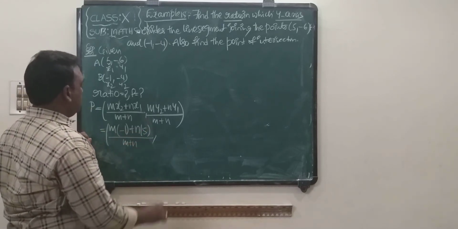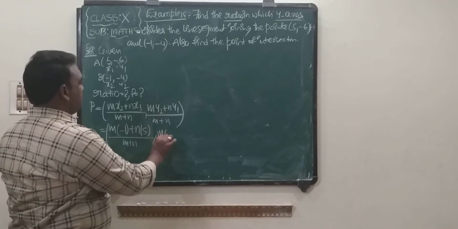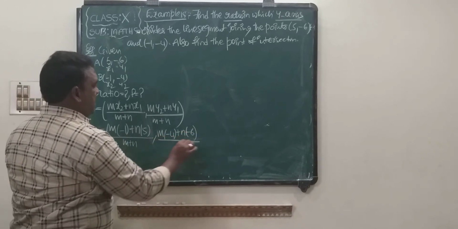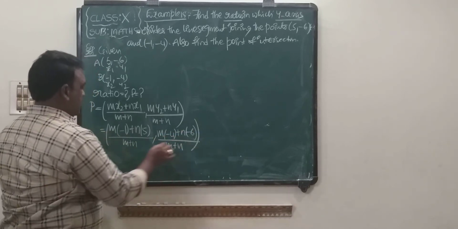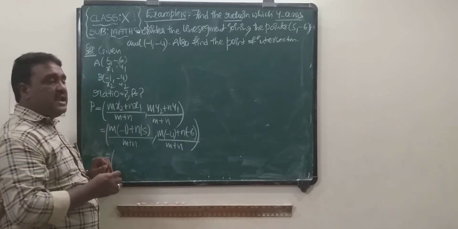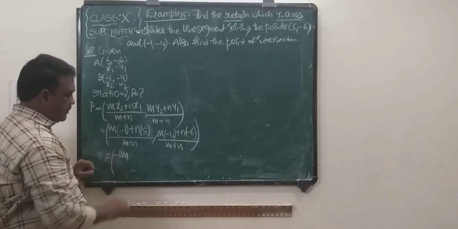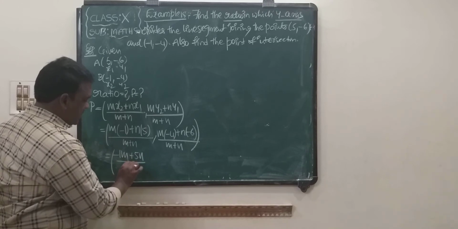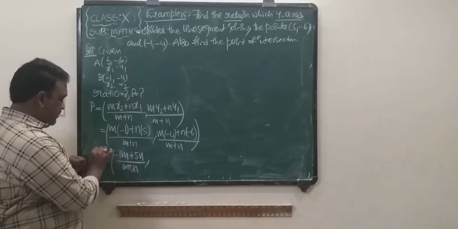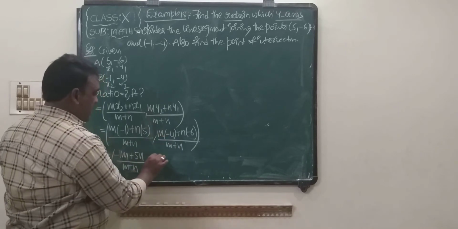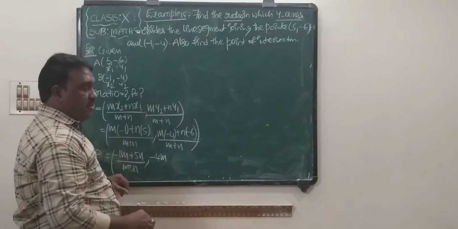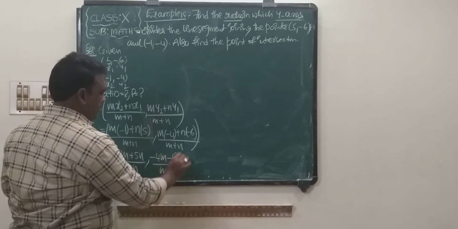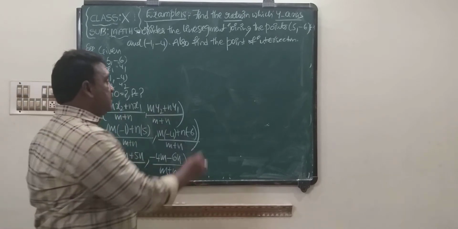My2, y2 means minus 4, ny1, minus 6, by m plus n. Then m into minus 1, minus 1m, n into 5, 5n, by m plus n. This is P. Then m into minus 4, minus 4m, plus n into minus 6, minus 6n, by m plus n.